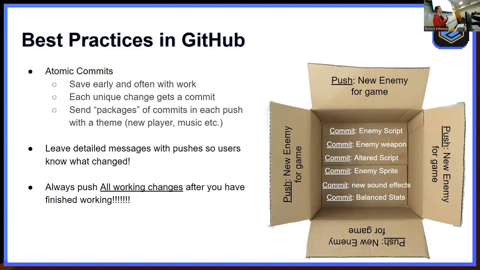A commit is me saying, okay, I'm done with this idea, and I put it in the box. And then your actual push should be a big idea. So I have a new enemy for the game. That's a big idea. All the little small things are commits, because one, it makes you save your data in case your computer crashes, something goes horribly wrong, or you want to revert that commit.